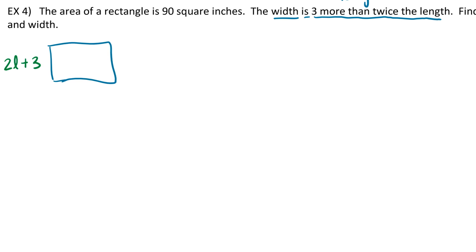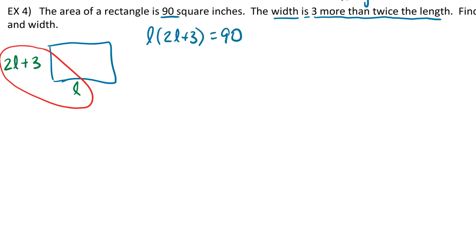And for the length, we're just calling that L. And these are what we multiply. So we're going to have L times 2L plus 3 equals, we want it to equal 90.